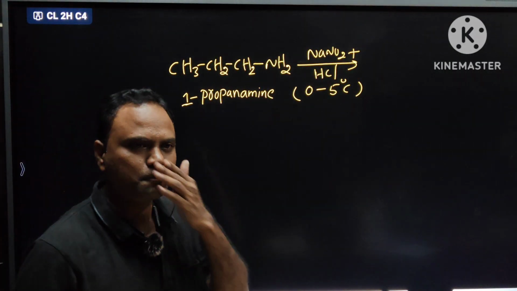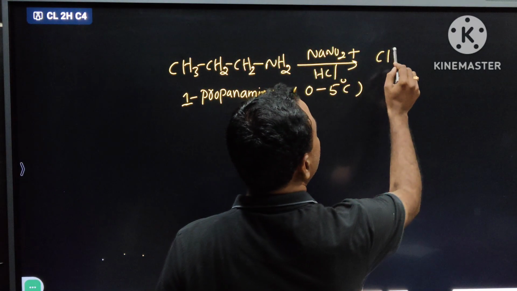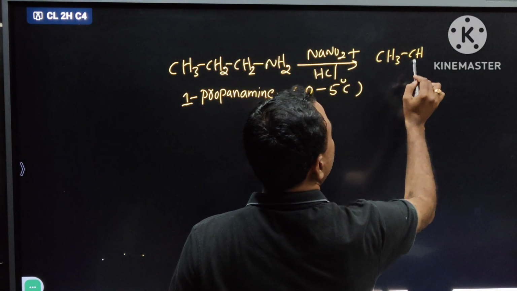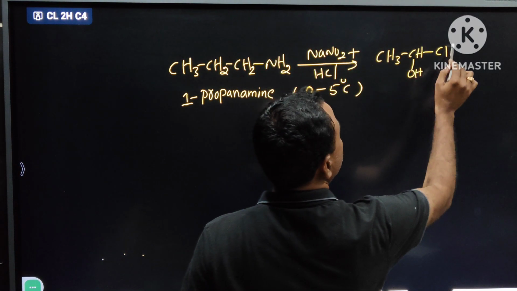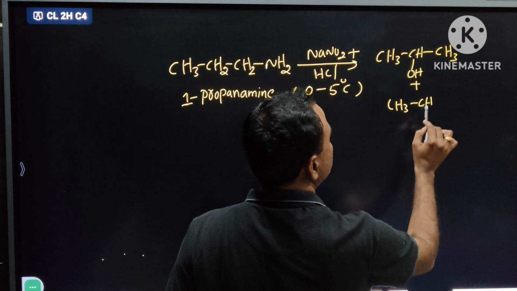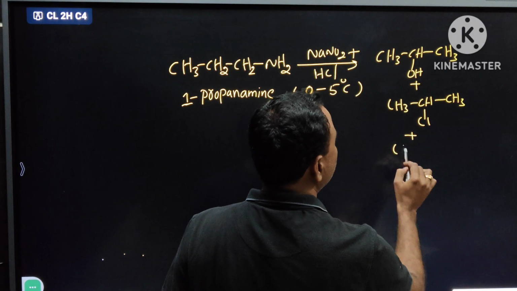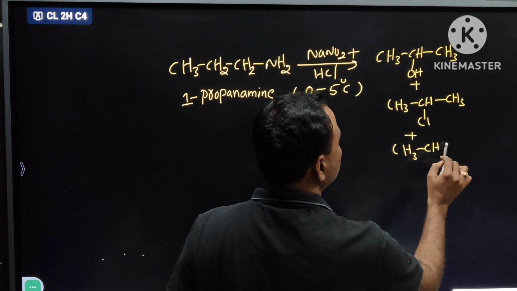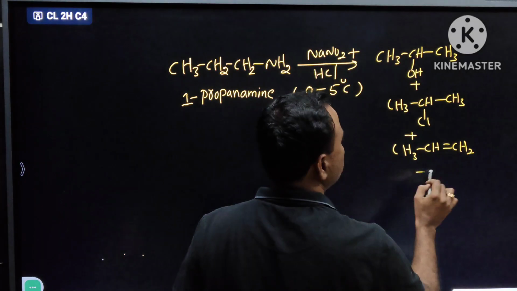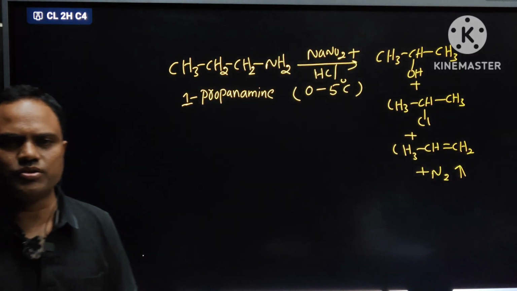See, I am writing the product 2-propanol. What about GOC? Did you forget GOC, general organic chemistry? 2-propanol, 2-propyl chloride, and propene. These are the products, and the colorless gas N2. N2 is common.